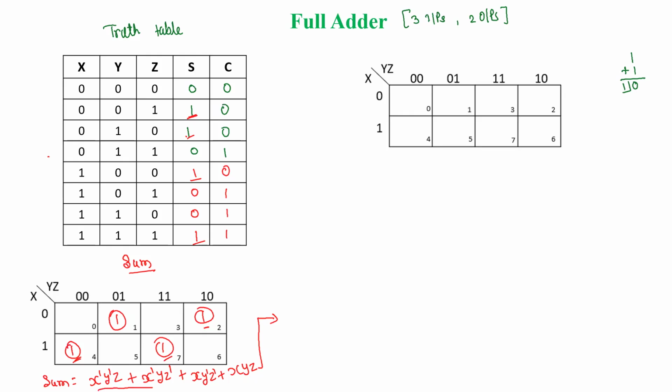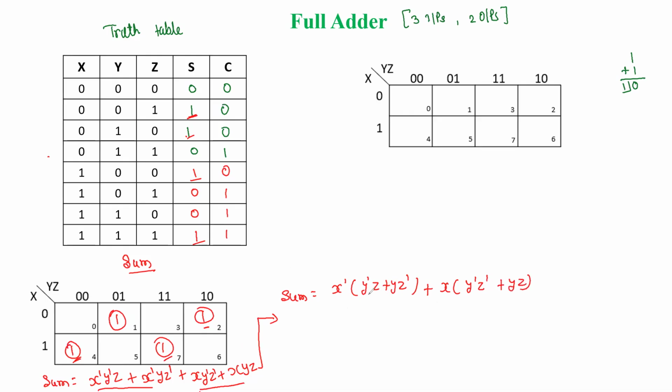X dash is common. For the second term, what is common? X is common. So now further, this one we can write as sum equal to x dash is common. So finally we have y dash z plus yz dash, plus again here x from the last two terms, we have y dash z dash plus yz.